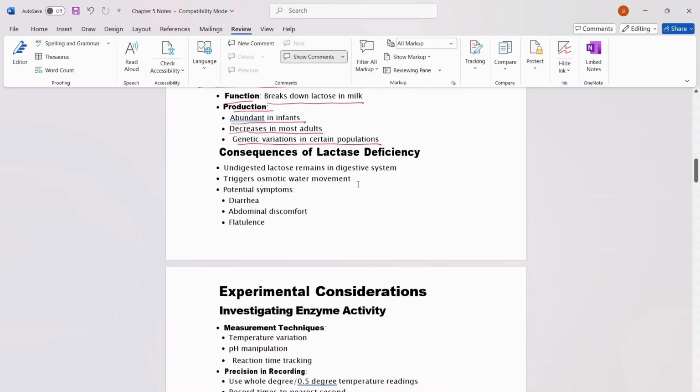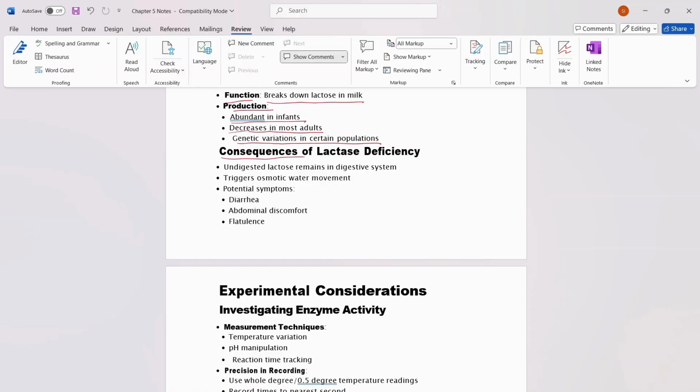Consequences of lactase deficiency: undigested lactose remains in the digestive system and triggers osmotic water movement. Potential symptoms of lactase deficiency are diarrhea, abdominal discomfort, and flatulence.